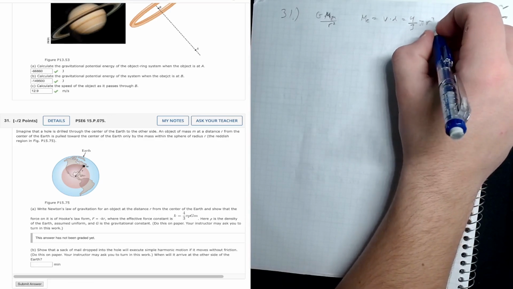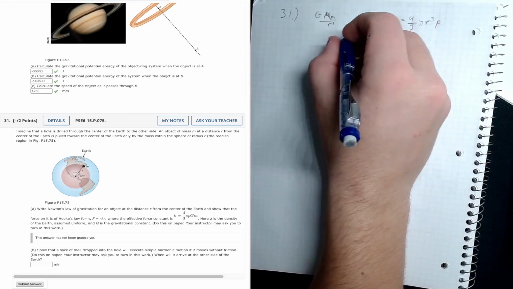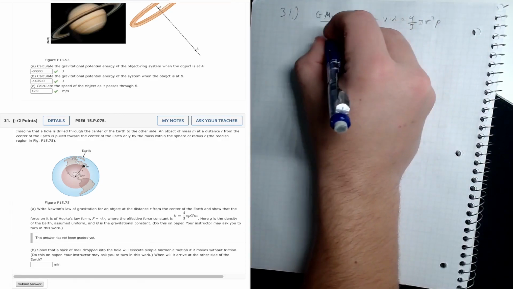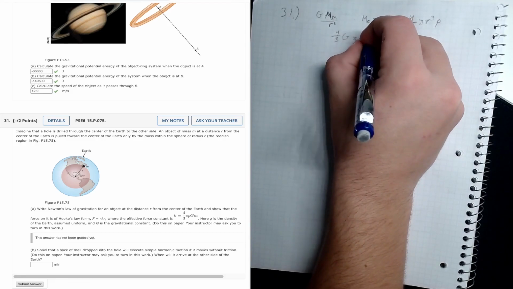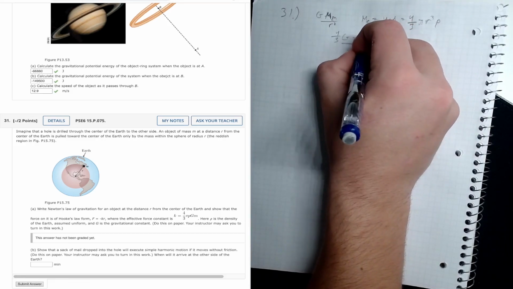Constant rho. Therefore, I can rewrite this equation as G times 4 thirds pi r cubed rho over r squared.